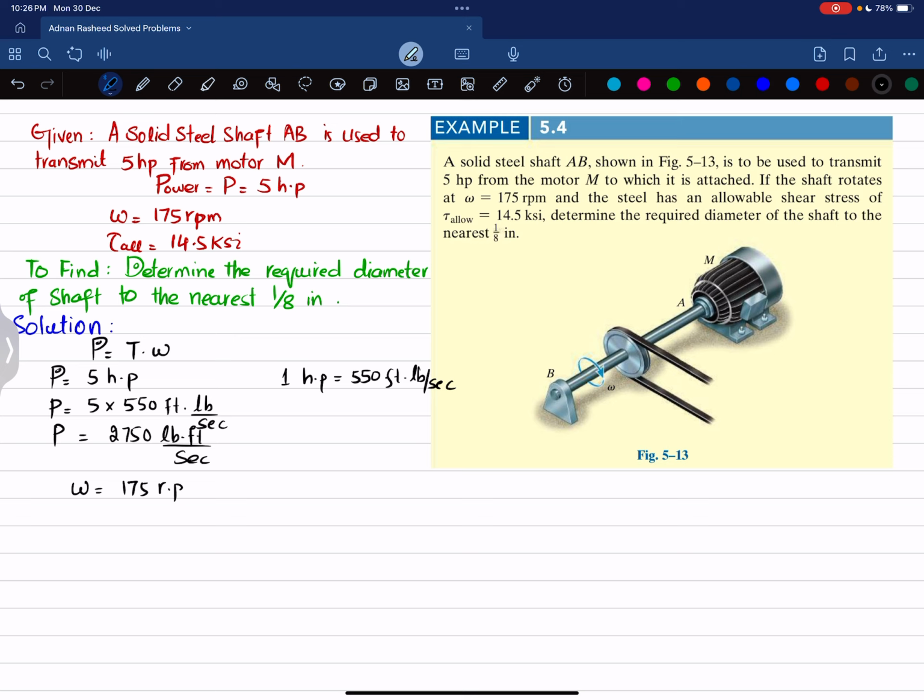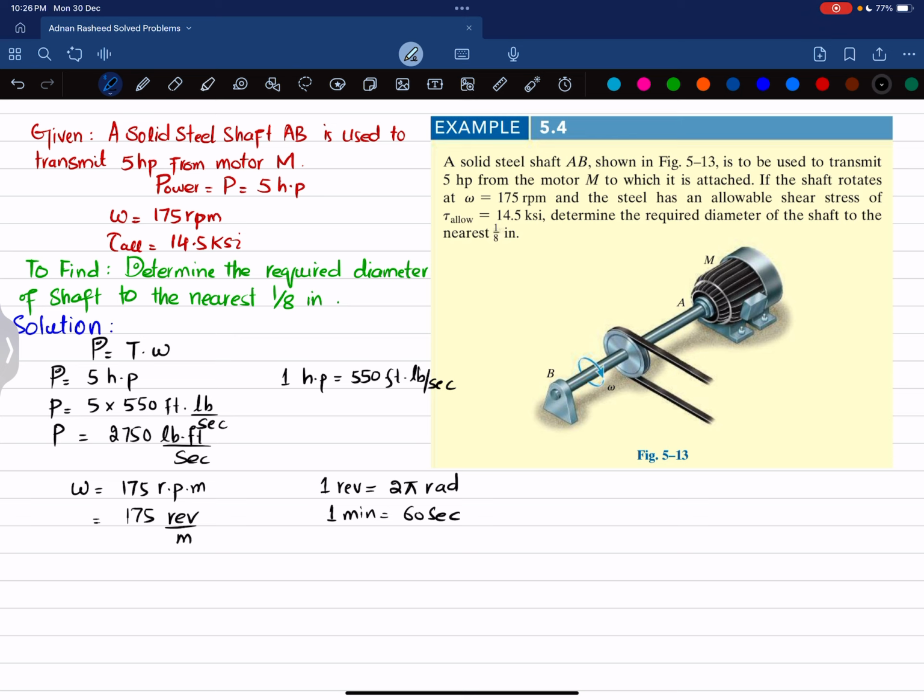RPM stands for revolutions per minute. And we know that 1 revolution is equal to 2 pi radians and 1 minute is equal to 60 seconds.